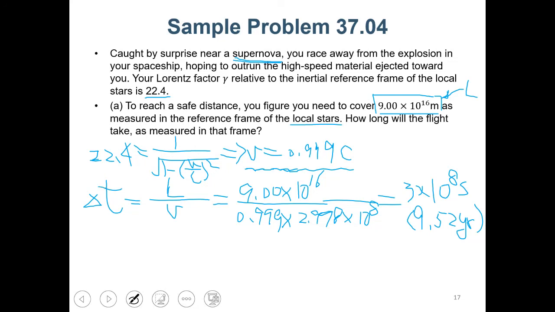So on the planet, you feel that it takes 9.52 years, then the starship goes to a safe space.